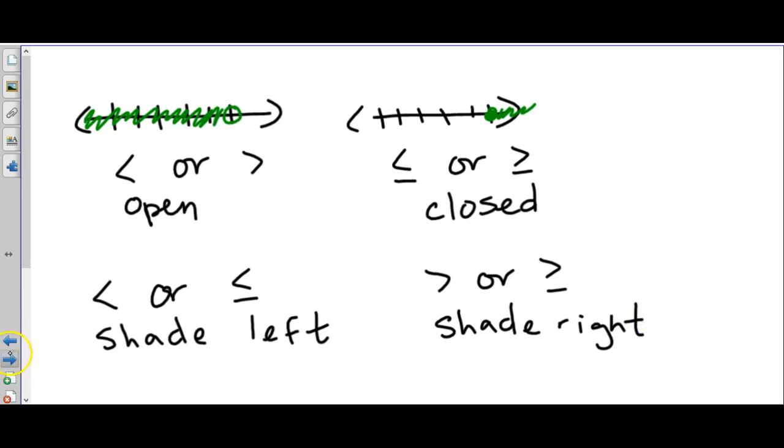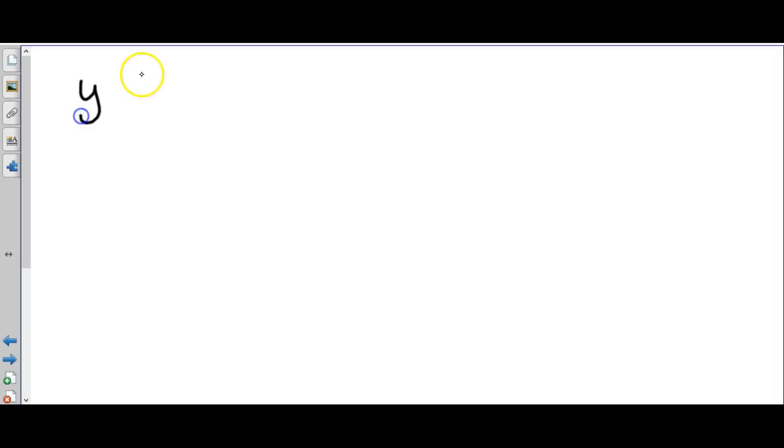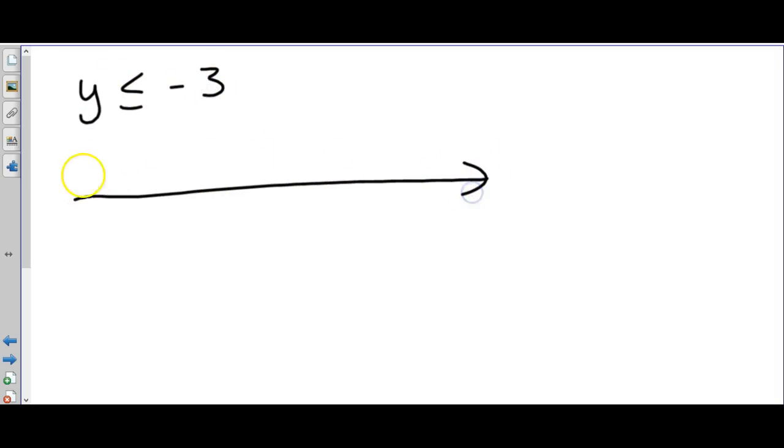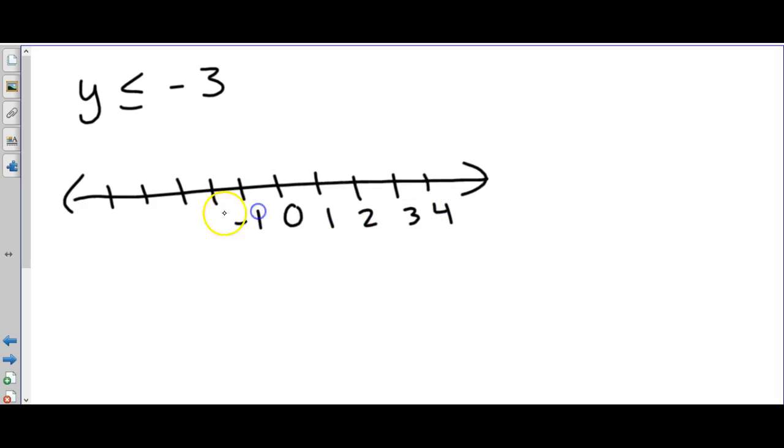So let's look at an example. Y less than or equal to -3. So we can draw our number line, mark where 0 is, that's the center of the number line.